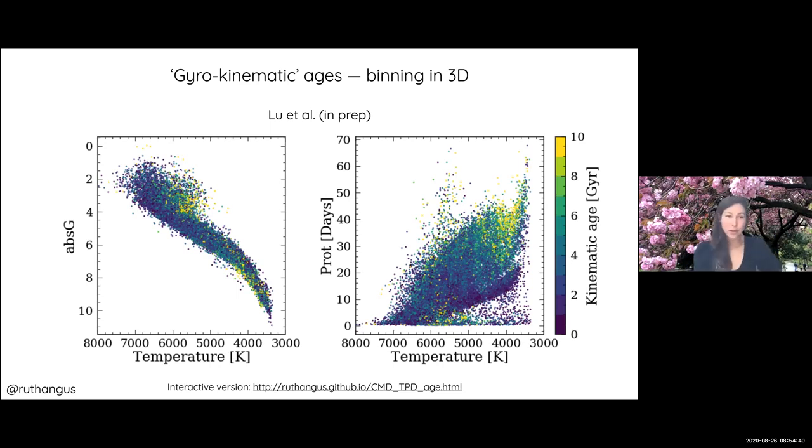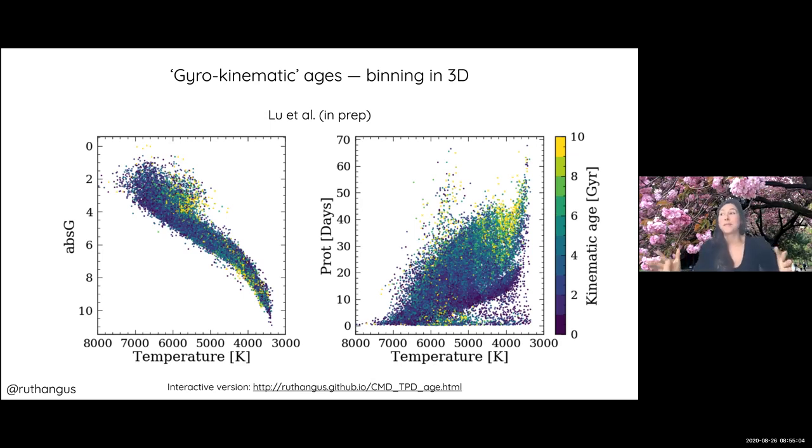Log g would also work. Basically, this now accounts for the fact that stars of different evolutionary stages will also have different rotation periods as a function of their age. And so you can see the subgiants kind of light up here, and that wouldn't be possible if we didn't also bin in absolute G magnitude.